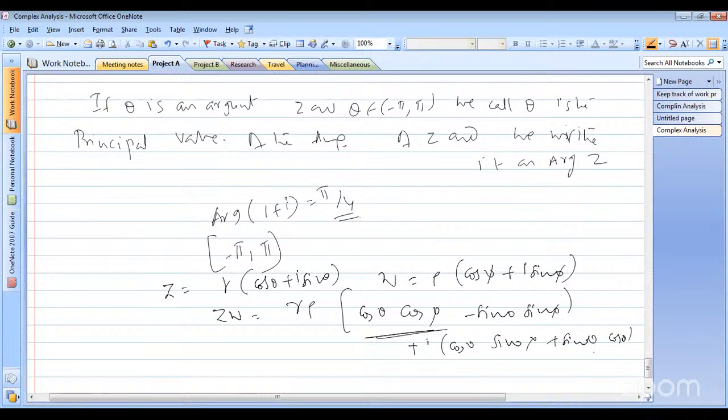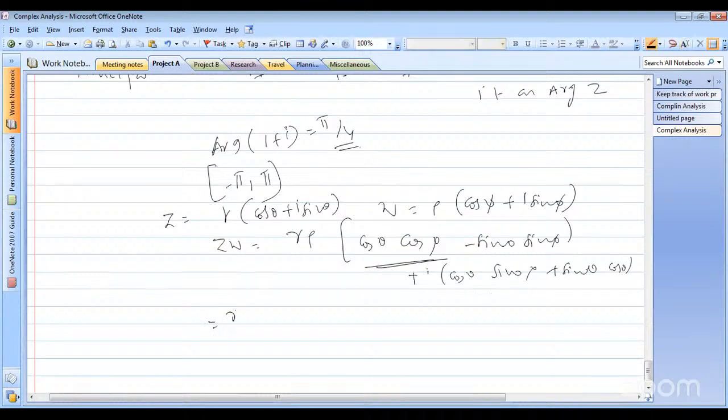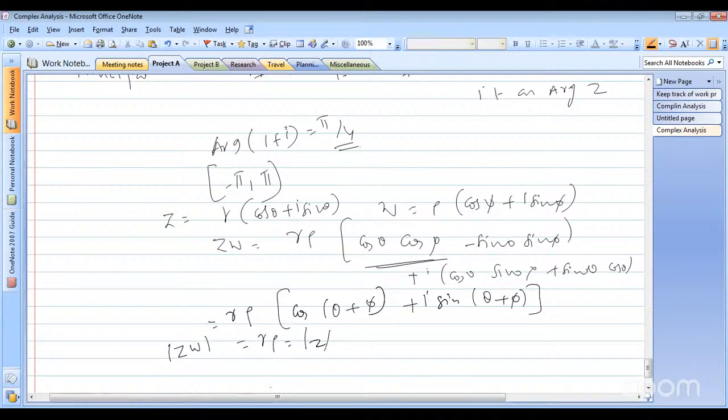Using the formulas for cos A plus B and sin A plus B, we get r rho times cos of theta plus phi plus i sin of theta plus phi. So the modulus of zw is equal to r into rho, the product of the moduli, and the argument of zw can be obtained just by adding the arguments of z and w.